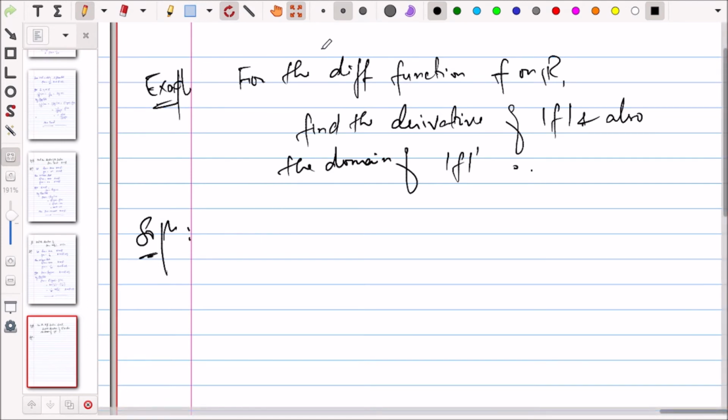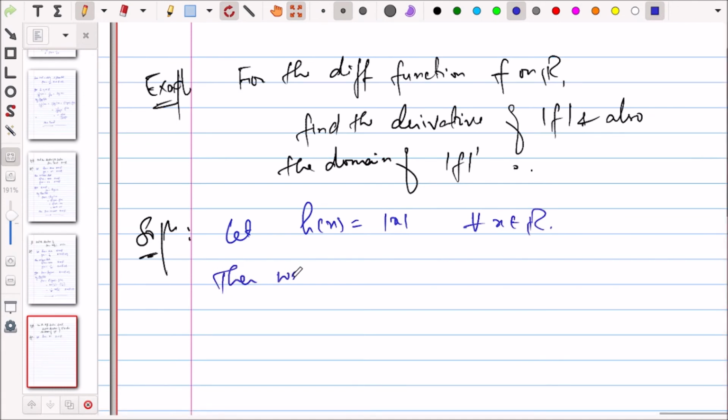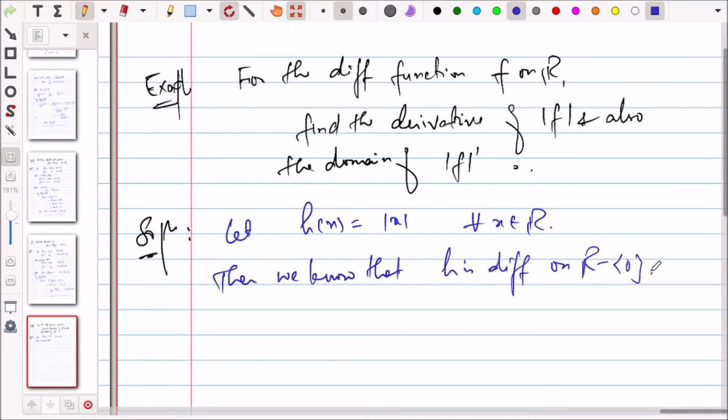So let क्या करेंगे इसमें, let hx equal to mod x for all x in R. Then we know that h is differentiable on R minus 0, right?